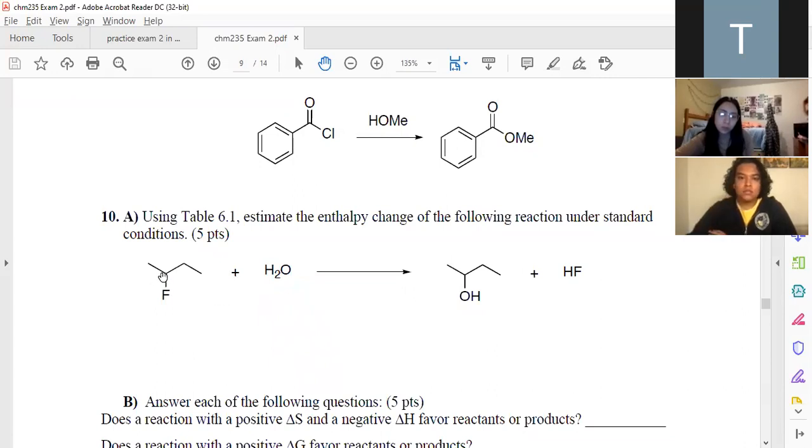The carbon to fluorine, because that's not in the products, and an oxygen to hydrogen, because that's not there either. What bonds are you forming? A carbon to oxygen, and a hydrogen to fluorine. When you do these, you don't have to worry about the other bonds that are not breaking because they should cancel out. Does that make sense?